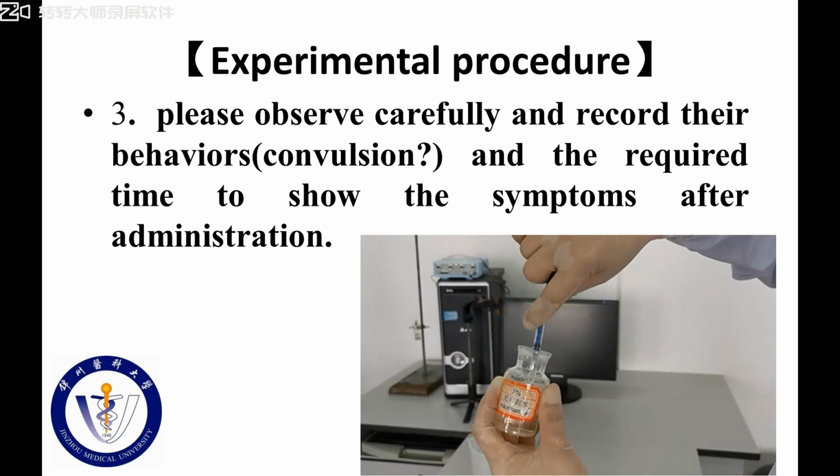Just now I mentioned, if the total amount of nicotinamide in the body of the mouse is not large enough, maybe it just stimulates the respiratory center, making breathing faster, and maybe the mouse also just jumps.